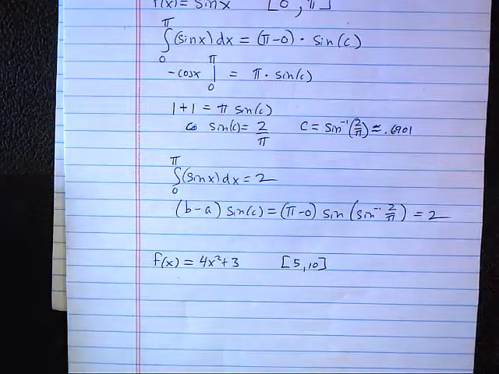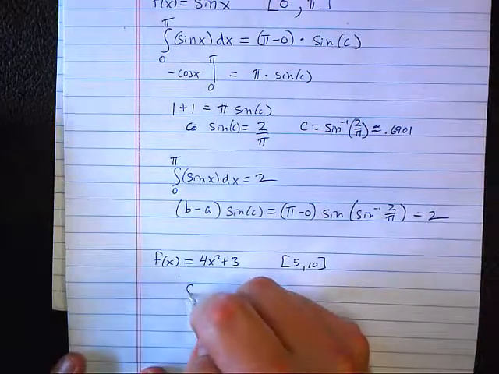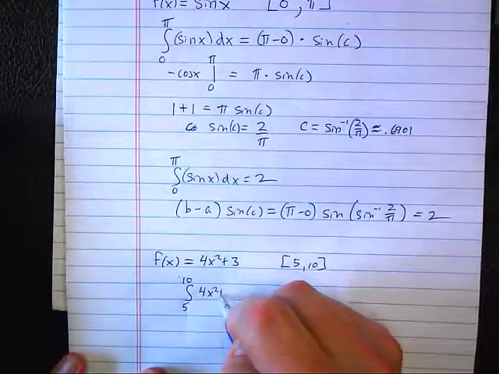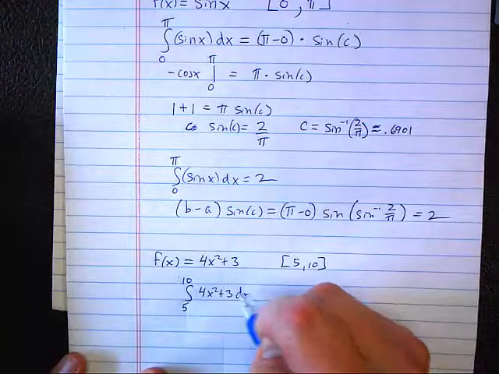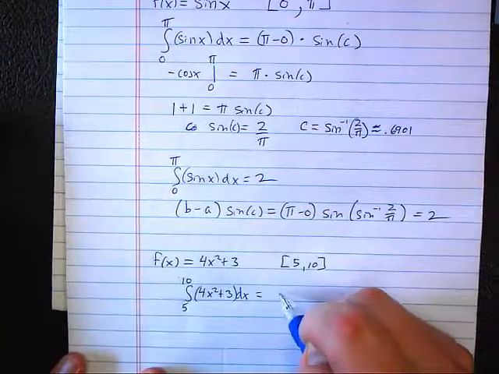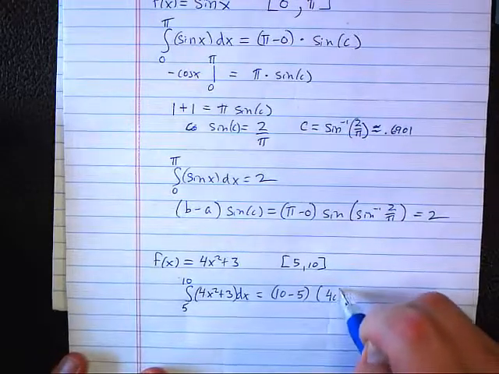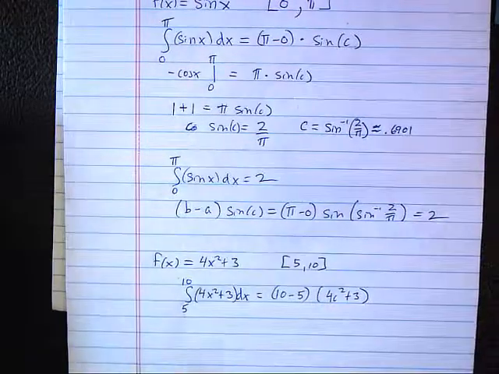All right, so this time what should happen? The integral from 5 to 10 of 4x squared plus 3 dx should be the same as 10 minus 5 times 4c squared plus 3 for some number c.